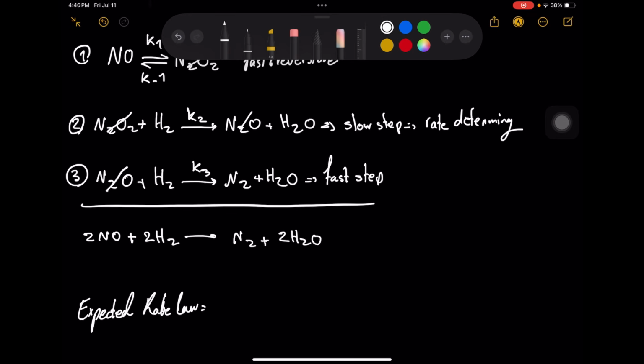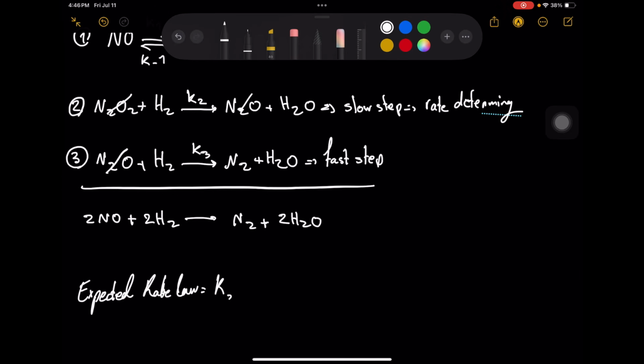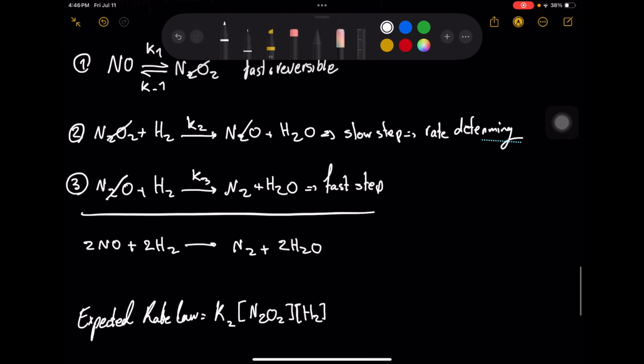We use the slowest step, so it would be K2 times N2O2 times H2, but that's just our expected one. But the problem here is that N2O2 is an intermediate, the thing that we cancel.